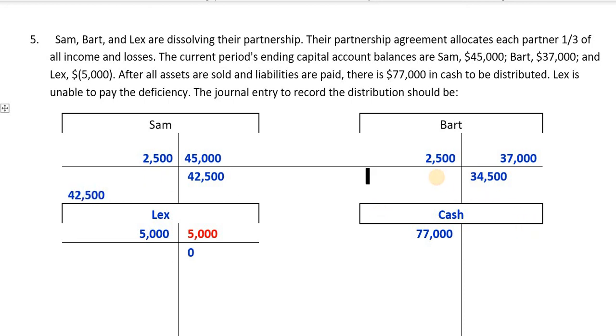We're going to debit Bart for $34,500. And that's a total of $77,000 we distribute. $42,500 to Sam, $34,500 to Bart. And the partnership is liquidated. Simple enough.